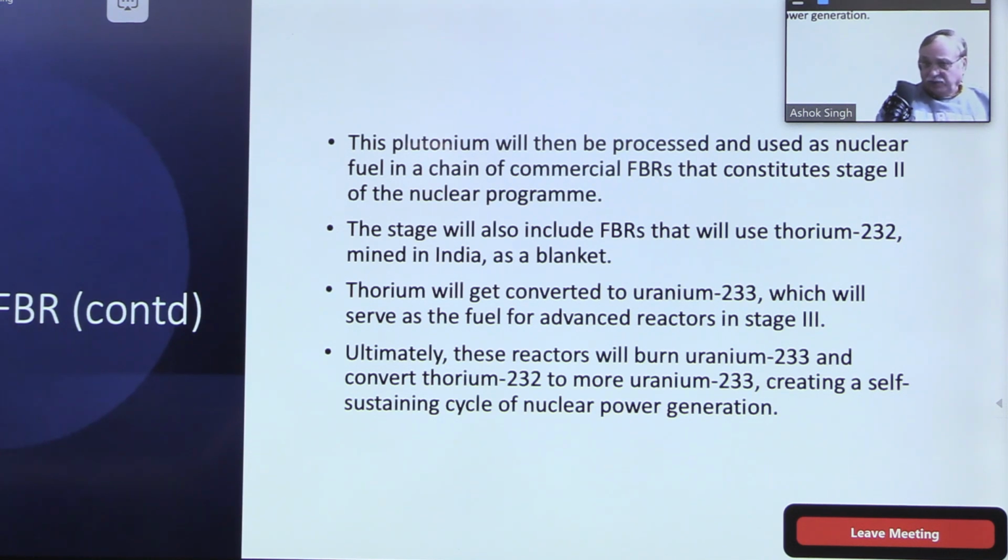And what will happen to this thorium-232? It will get converted into uranium-233. This will be separated and then used as the fuel for the third stage, when we come to the third stage of India's nuclear program.